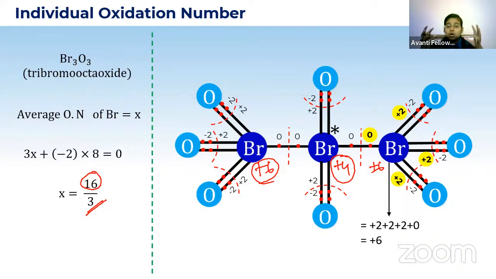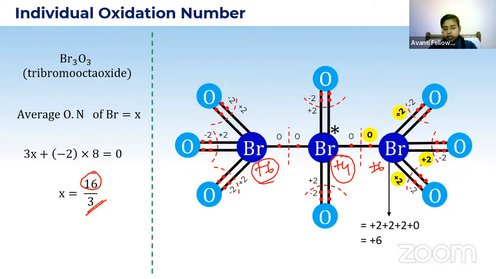If you want to draw the structure of a molecule, first of all, you need to know the number of bonds that an atom can form. You can get that from the valency of that atom. Are you getting my point?